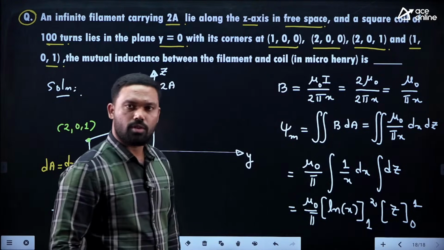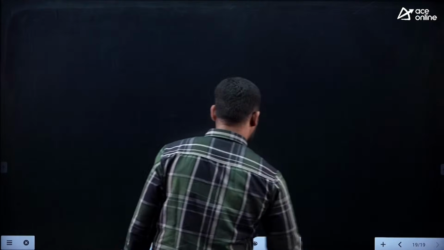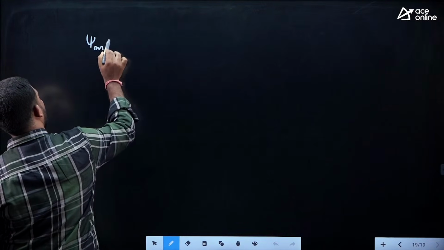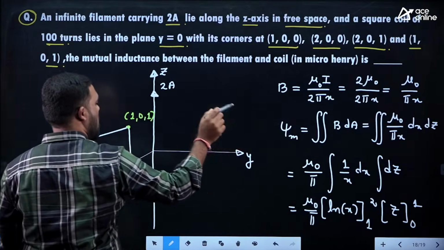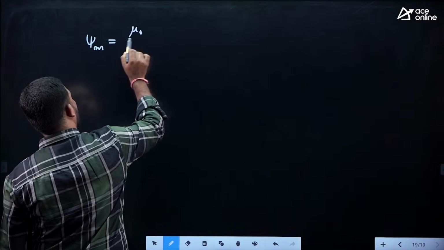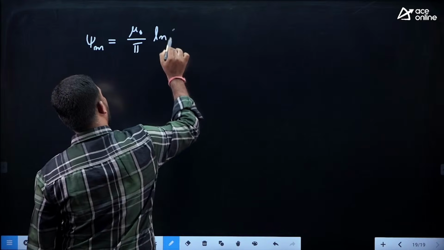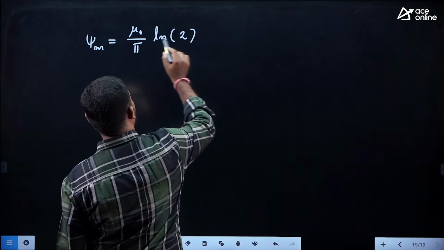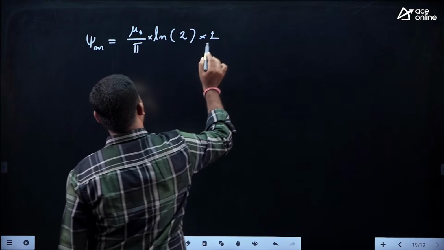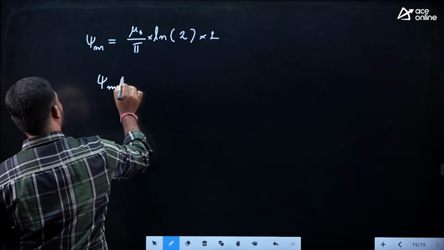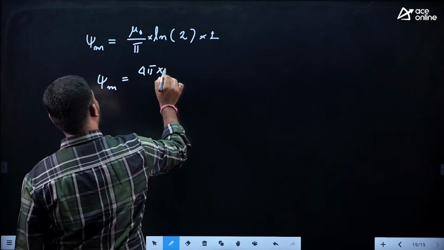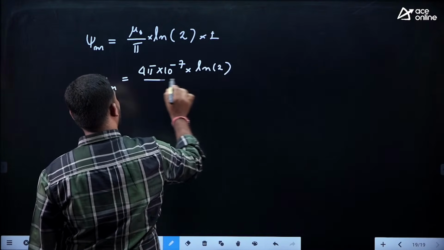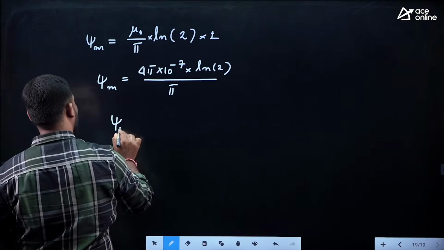Substitute upper limit minus lower limit. I am going to turn the page here so that you will get the flux linkage. So the magnetic flux is mu naught divided by pi into natural log of 2, upper limit minus lower limit, into 1. Check this value: psi m is equal to 4 pi into 10 to the power of minus 7 into natural log of 2 divided by pi.